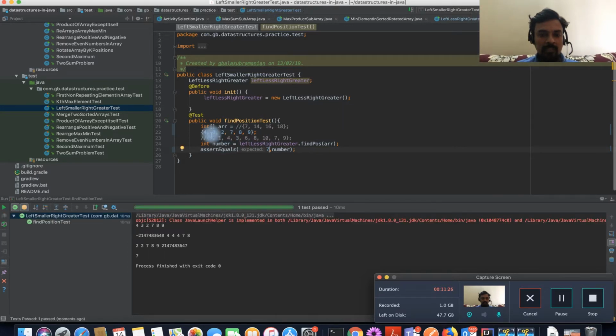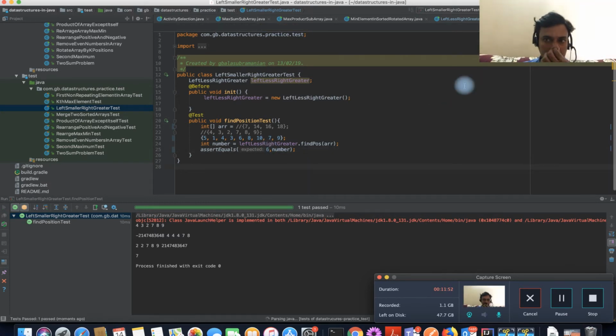So if we see it, for any element before 7 it is less than, after it is greater than. Let's go to the third test case. So it should be 6. Anything before 6 is smaller, anything after 6 is greater. So it has to be 6 here. I will change the test case to 6, and let's see if our program runs.